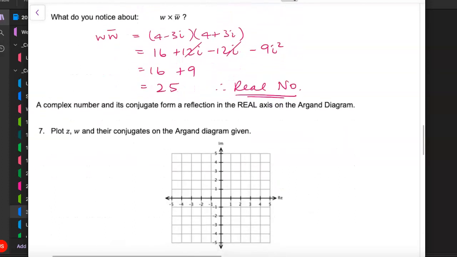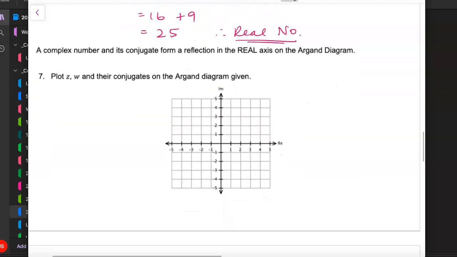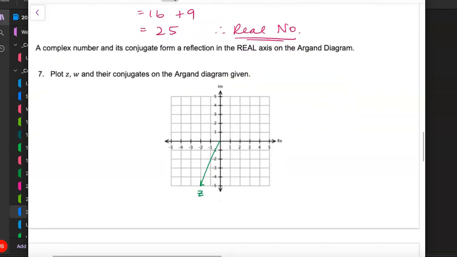We've had a brief look at the Argand diagram, of how we can plot a complex number on the Argand diagram in the complex plane. So in green, I'm just going to plot, for example, z, which was -2 subtract 5i. That's going to take us down to here for z in green. Now we know the complex conjugate, as we found earlier for z, is -2 plus 5i.